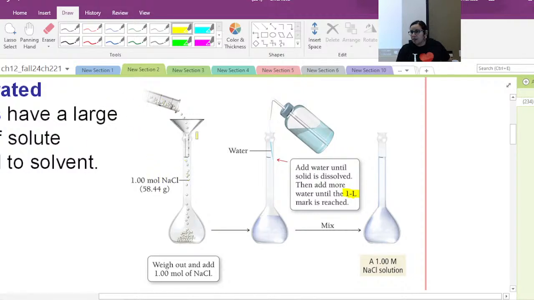You want to weigh this out precisely, transfer it in here, and wash down any sodium chloride that's stuck on your funnel or on the side. Then you dissolve it, fill it up 3/4 of the way, then shake it. It's not shown in this picture, but these flasks have ground glass stoppers, so you can cover it and invert it.